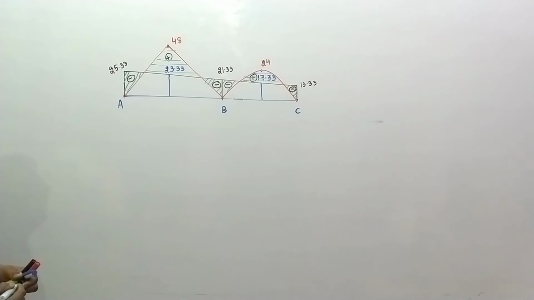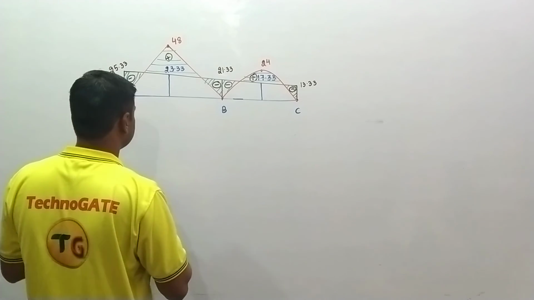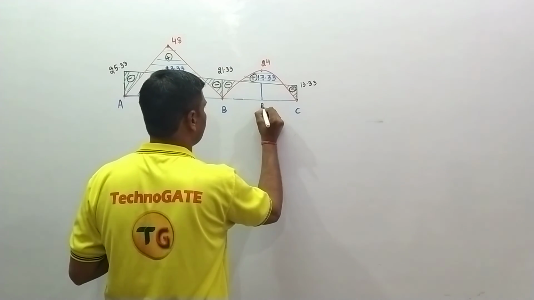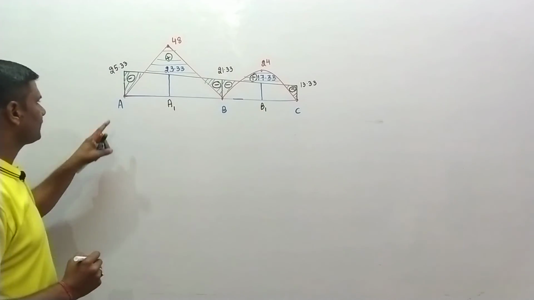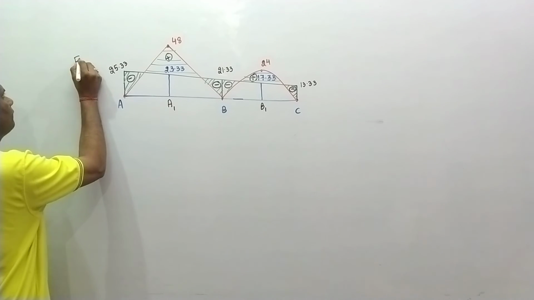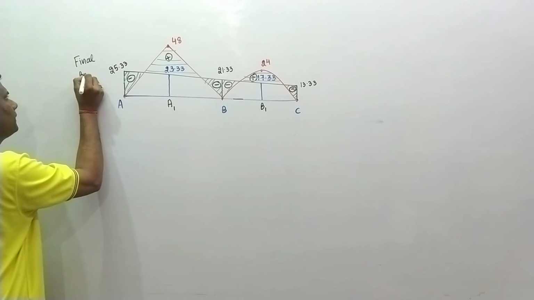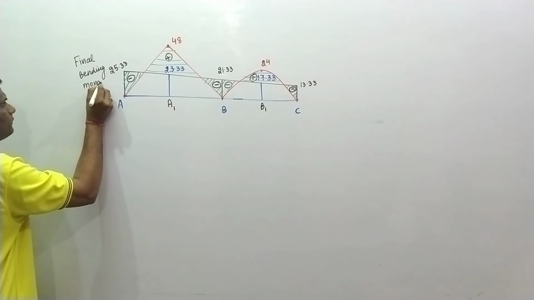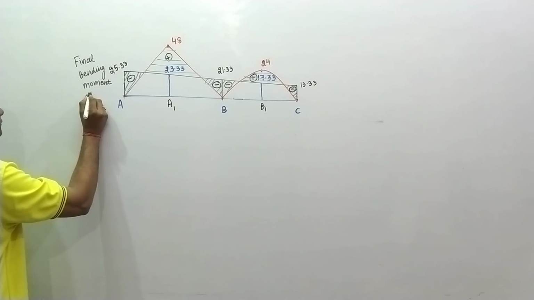Let us suppose that this is A1, this is B1. This is our final bending moment diagram.